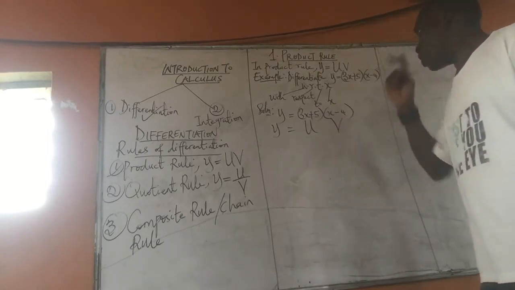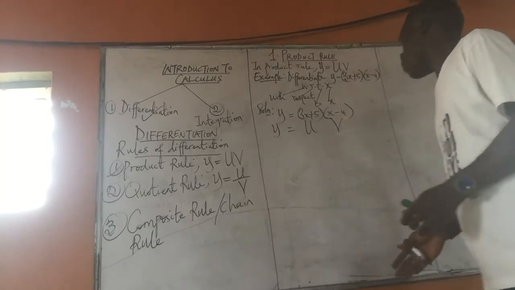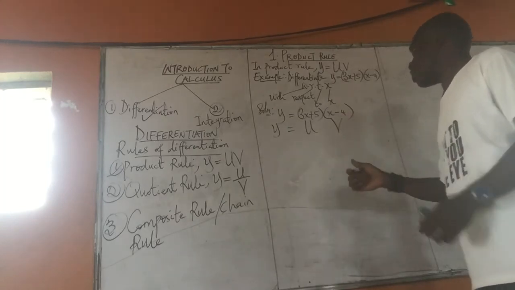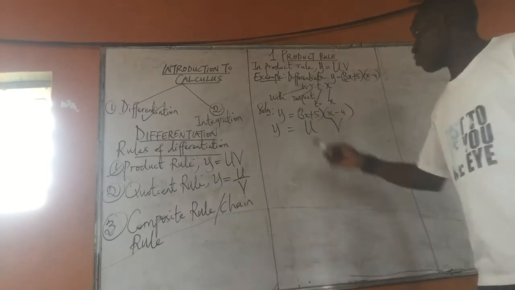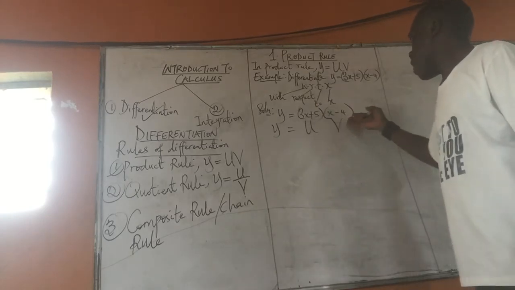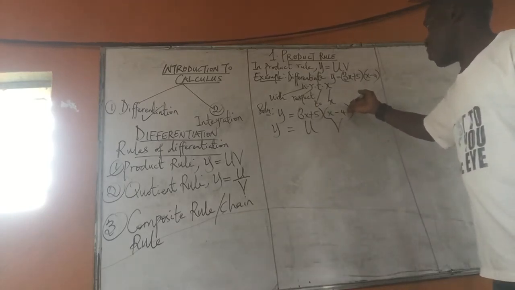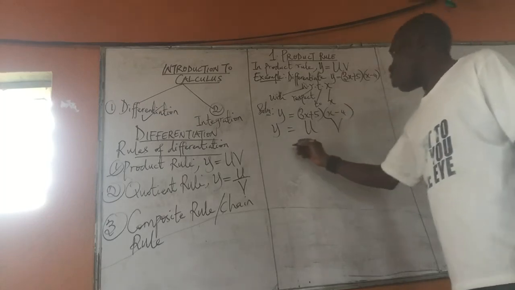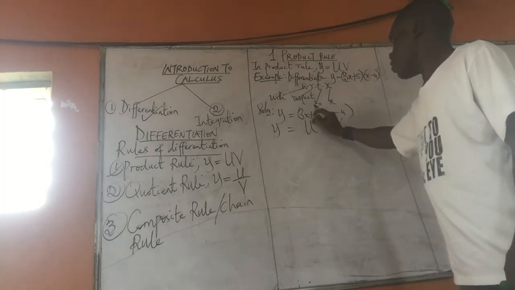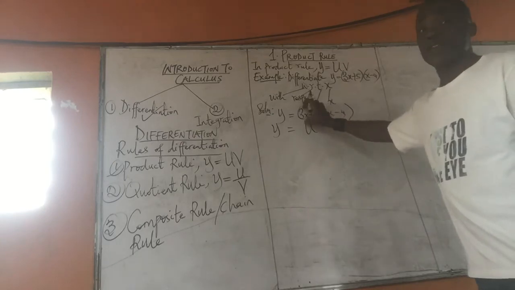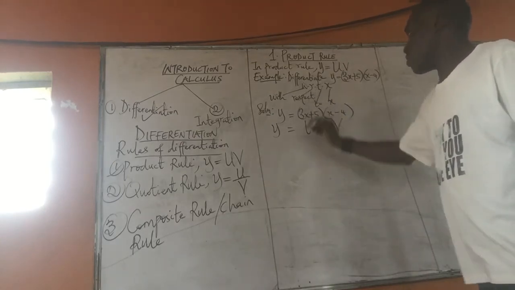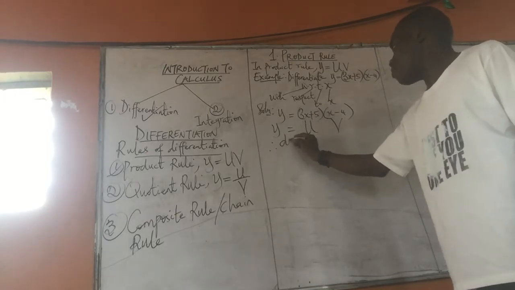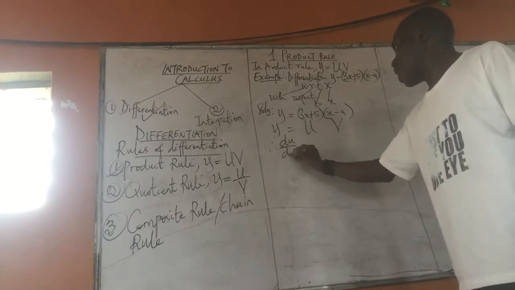For me to start differentiating this, I already know that my u is representing 3x plus 5, and my v is representing x minus 4. Now all I have to do here is differentiate my u with respect to x. If I'm differentiating u with respect to x, I am going to have du over dx.